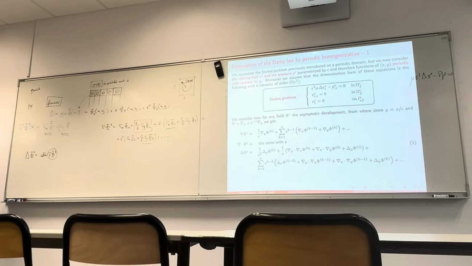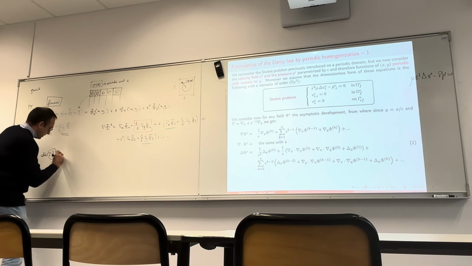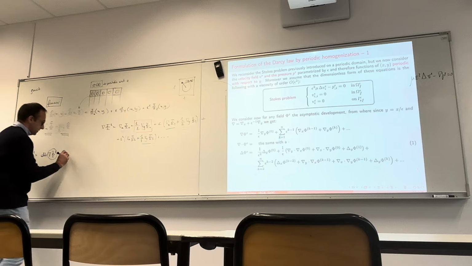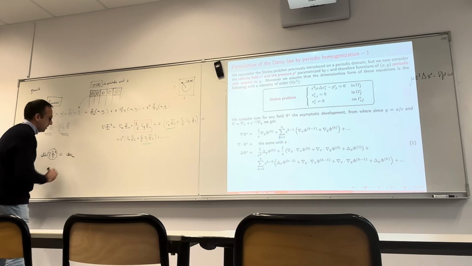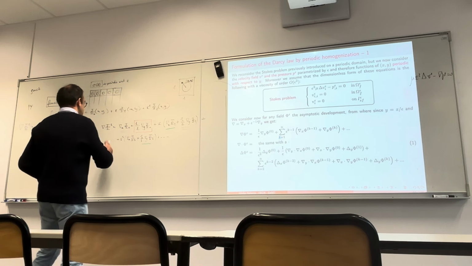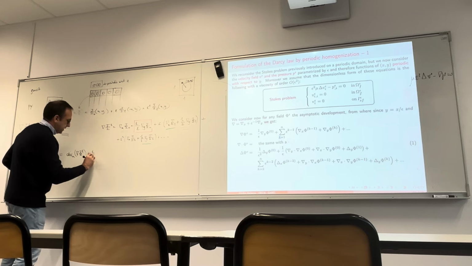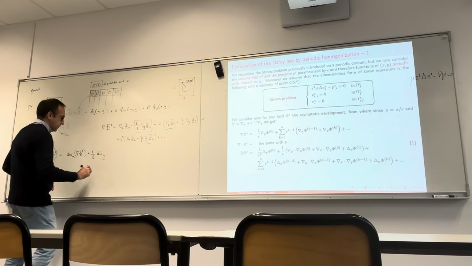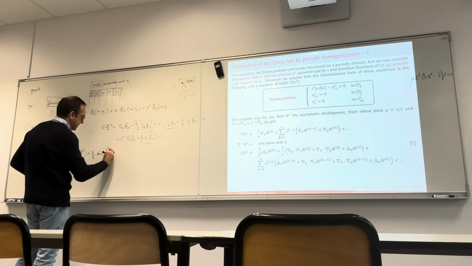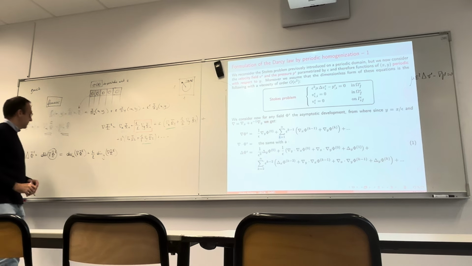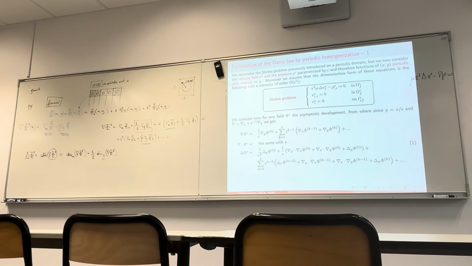The divergence is just the trace of the gradient. So this means that what we are going to have is divergence x of this expansion of the gradient of phi epsilon plus 1 by epsilon divergence y of the gradient of phi epsilon, because of the same argument here.